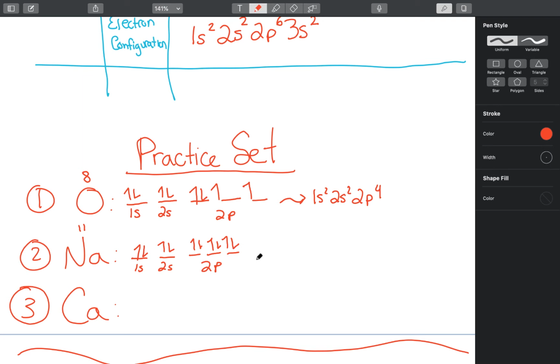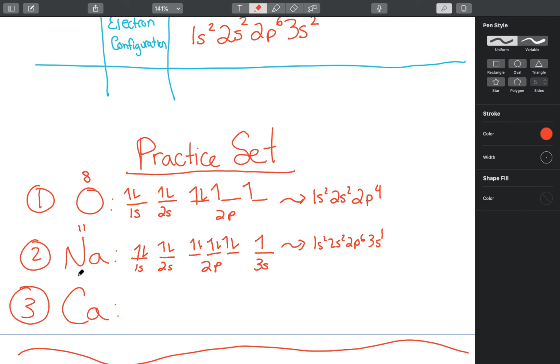And then we put our last electron in the 3s subshell, so 1. And when you condense this into your electron configuration, you will come up with 1s2, 2s2, 2p6, and then 3s1. And that is your electron configuration for sodium.